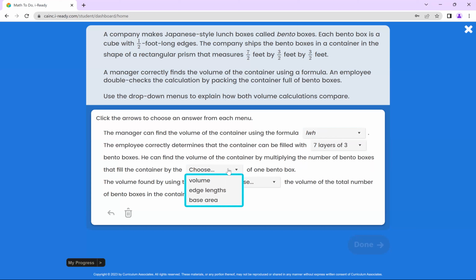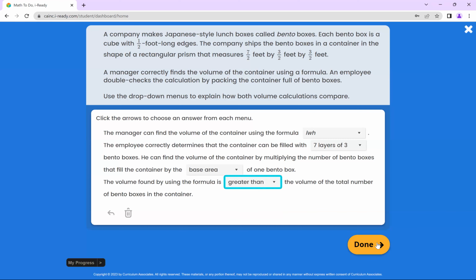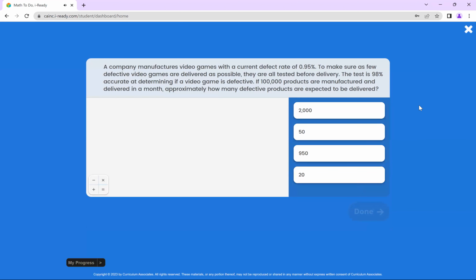The last option, the third one. Okay. The first one. Let's do 950.